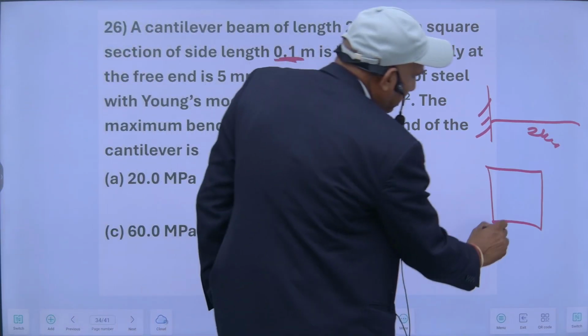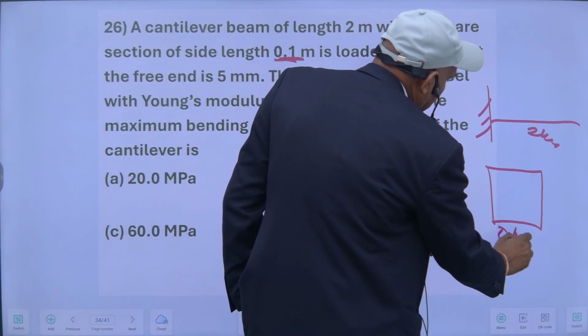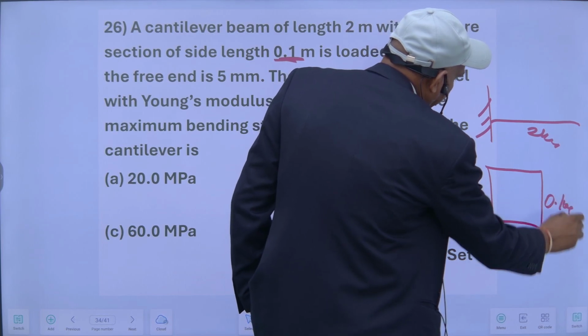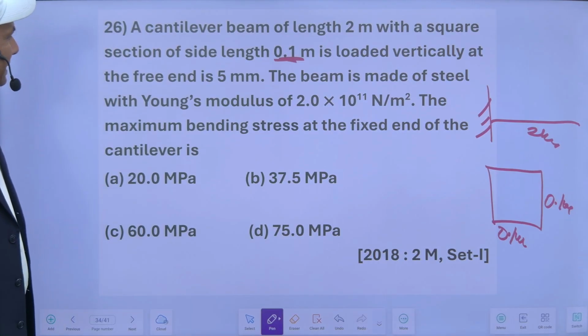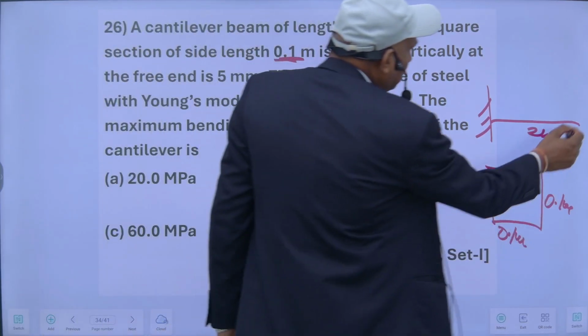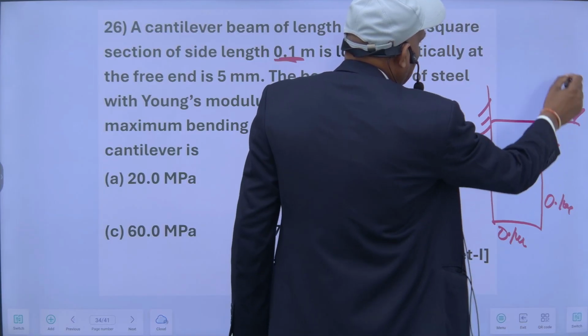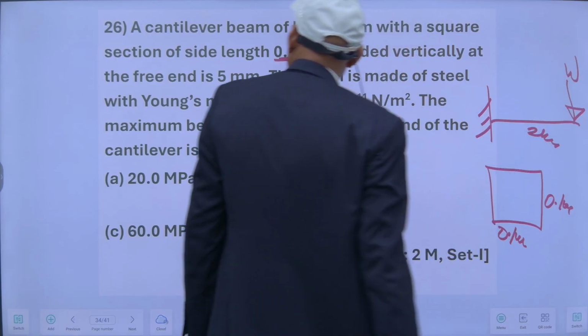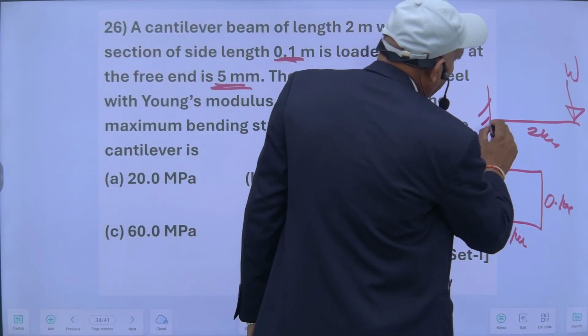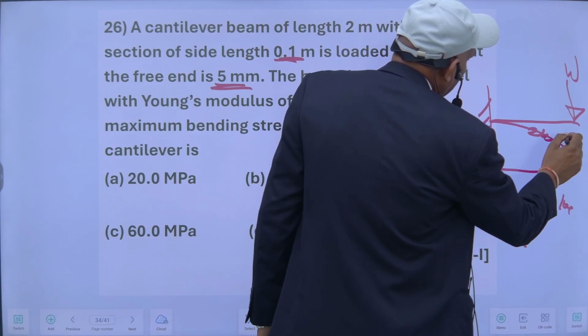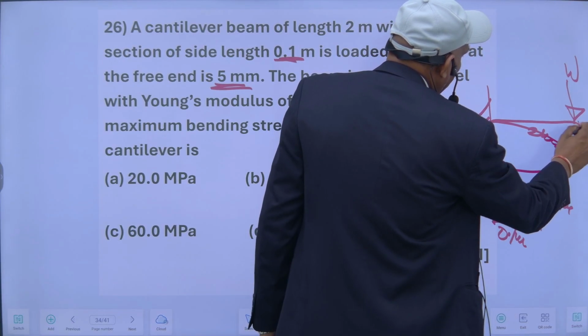So this is 0.1 meter, this is 0.1 meter. The square section is loaded vertically at the free end. This is W, and this 5 mm is the vertical deflection here.